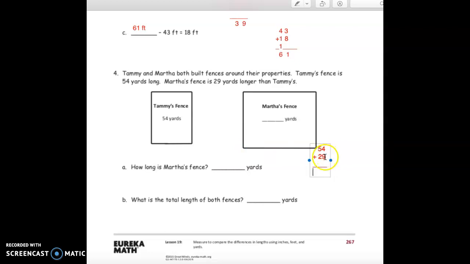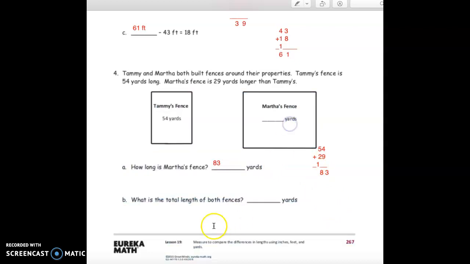So if I look at my ones place, 4 plus 9, that would be 9, 10, 11, 12, 13. 13, put my 1 in the tens. Now let's count my tens. 5, 6, 7, 8. So I know my answer is 83 yards. That's how long Martha's fence is.